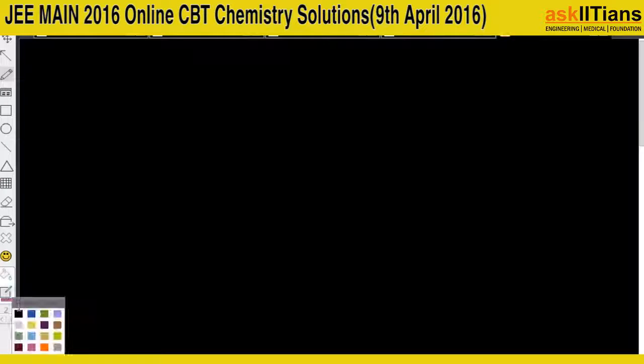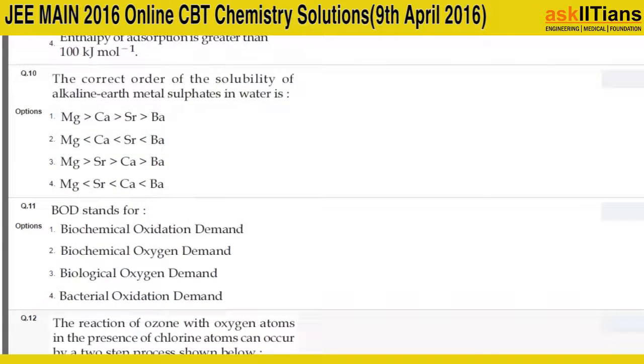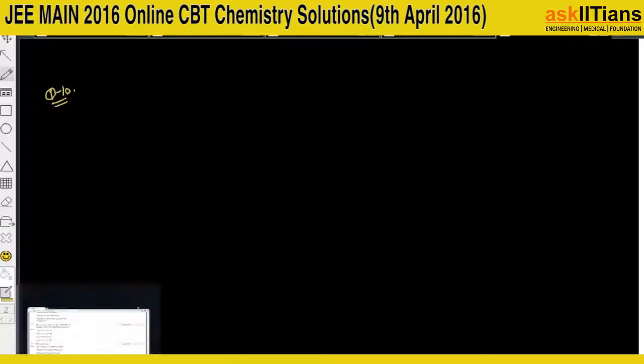Now what is said in question number 10? Let me read it out for you. Question number 10 says that the correct order of solubility of alkaline earth metal sulfates in water is.